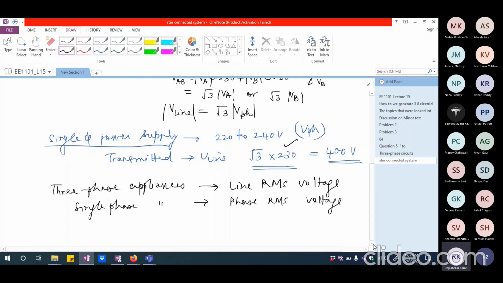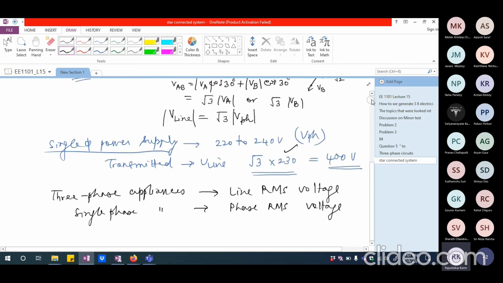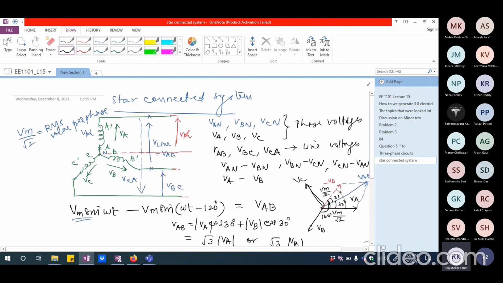If I try to look at delta on the other hand, we looked at star and we got a relationship between the line voltage and phase voltage. They happen to be different in star because the winding voltage is the phase voltage, whereas between two adjacent lines, the voltage is going to be your line voltage.